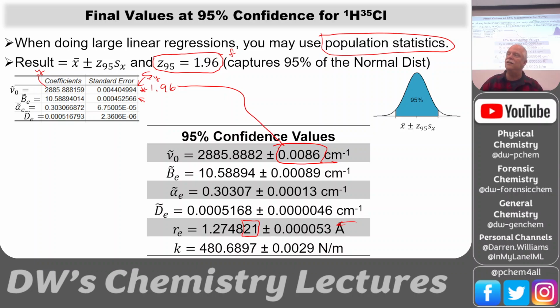That's crazy. An angstrom is 10 to the minus 10 meters, and we're four more powers of 10 smaller than that. That's pretty impressive. Our uncertainty is 53 micro angstroms. That's crazy. I don't know, I'm excited about that.